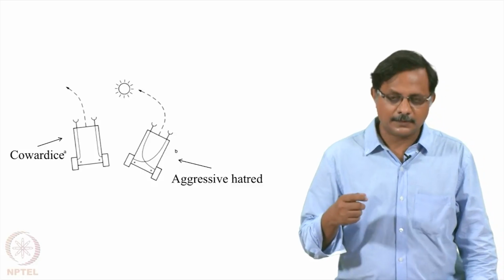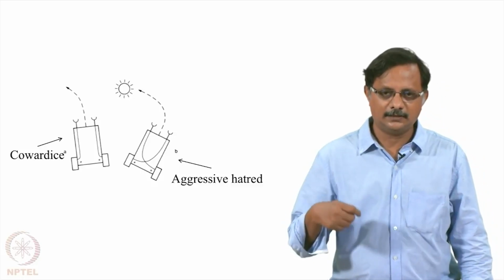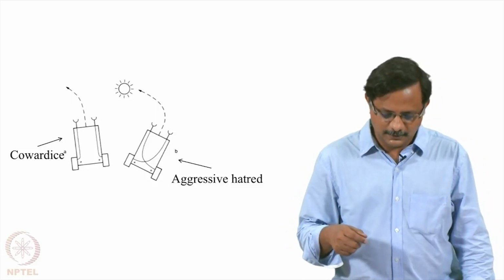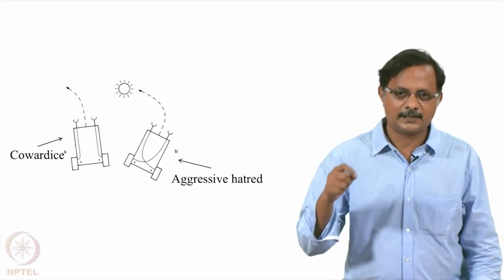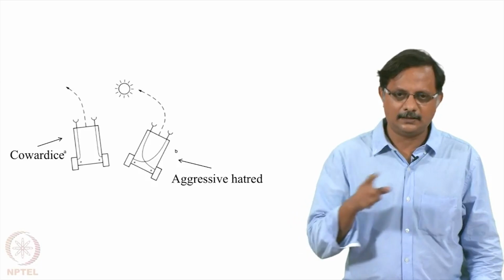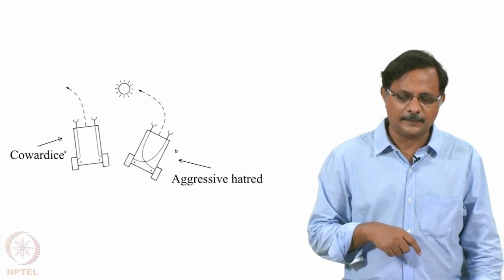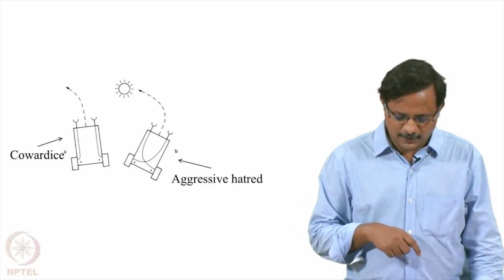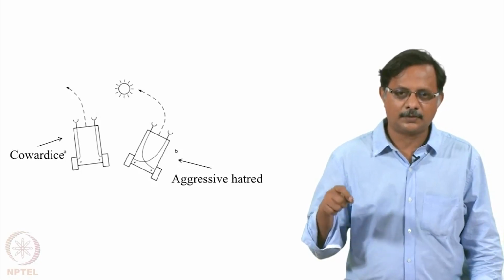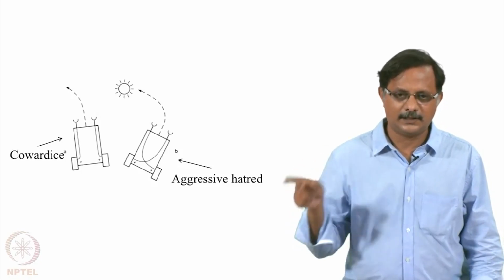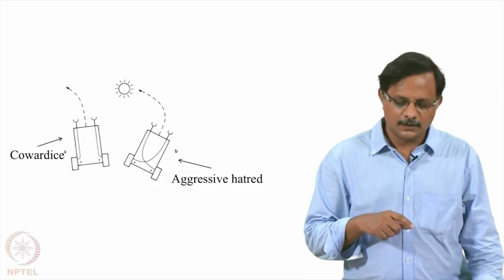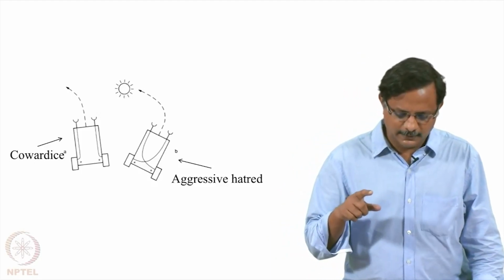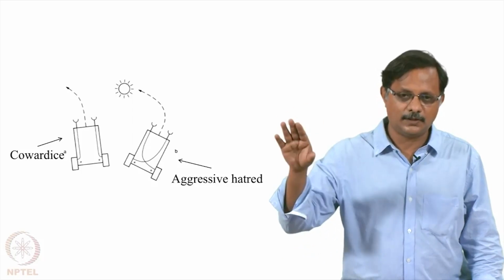The photoreceptors are connected to the wheels through wires. In the vehicle on the left side, vehicle A, the photoreceptor on the right side is connected to the wheel on the right side, and vice versa for the other side. Whereas in the vehicle on the right, the photoreceptor on the right side is connected to the left wheel and vice versa. Let us take the left vehicle. You see that the light source is towards the right.